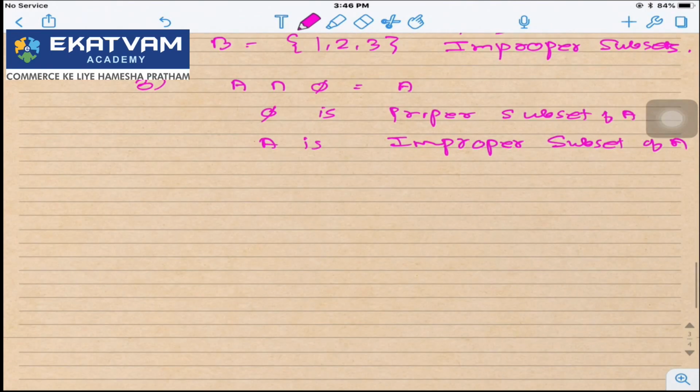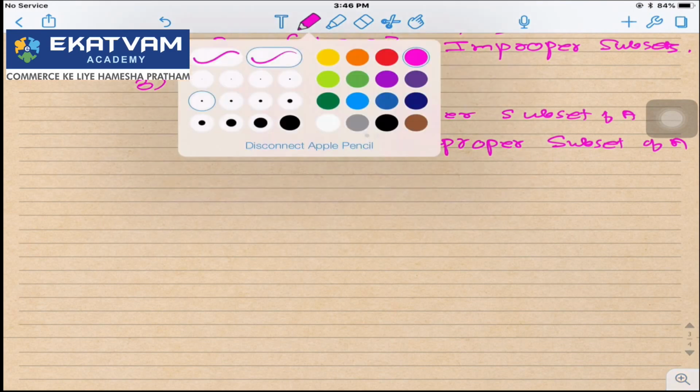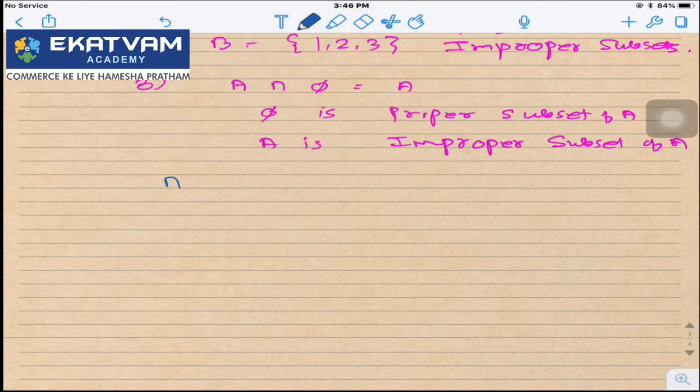I have a few examples here. Suppose as an example I consider A is the set of equilateral triangles and B is the set of isosceles triangles.